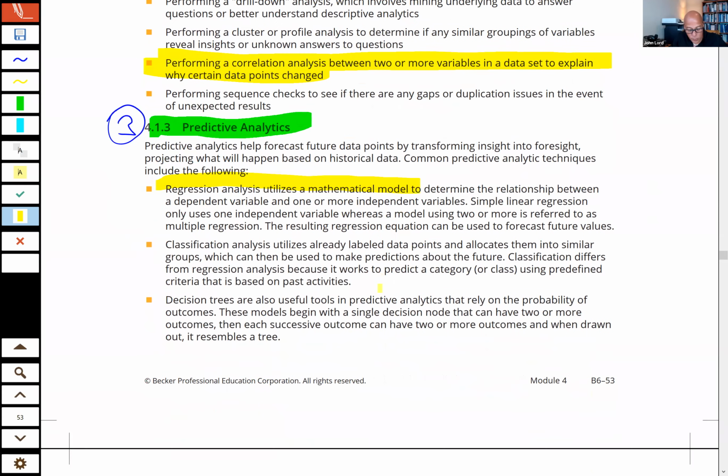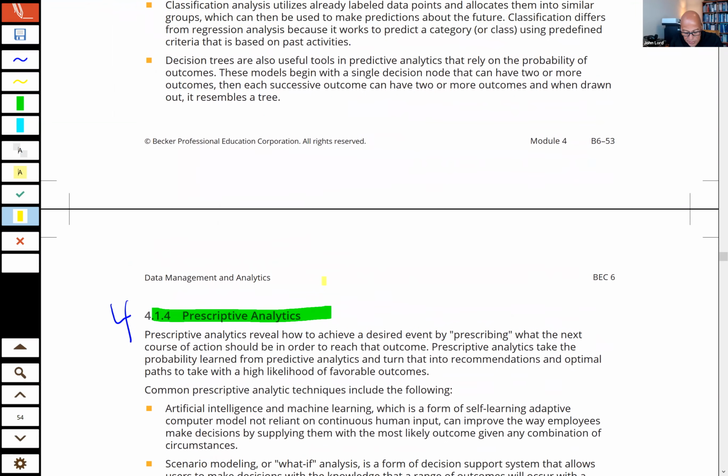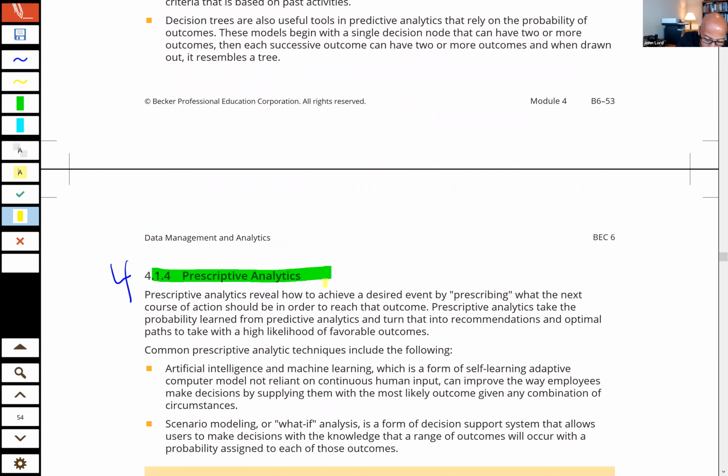Okay, good. Now prescriptive analysis basically says, since this has been the case in the past and we've got some predictive, here's how you will achieve a certain outcome. Common prescriptive analysis techniques, and I want you to flashcard these, are artificial intelligence, machine learning, and also scenario analysis, which is what-if analysis.